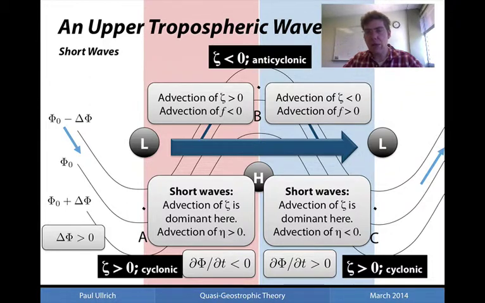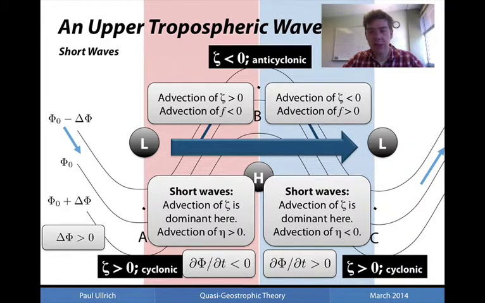If you look back at the quasi-geostrophic geopotential tendency equation, you will then see that advection of absolute vorticity being positive corresponds to a negative tendency of the geopotential in the red region and a positive tendency of the geopotential in the blue region. So this actually corresponds to rightward propagation of the wave, analogous to how we saw advection of relative vorticity previously.